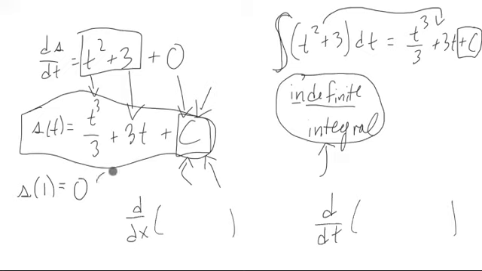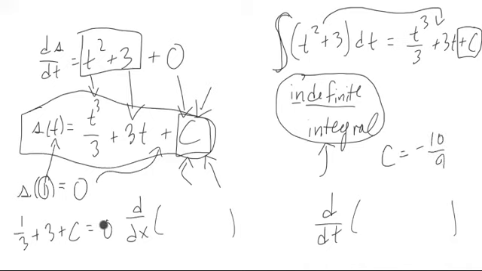That actually can tell us what c should be, because we can throw in this 1 here for t, and in evaluating it, we get a third plus 3 plus c is equal to 0. Then we could easily solve for c, and we would end up getting -10/9 for c if we were to evaluate that.